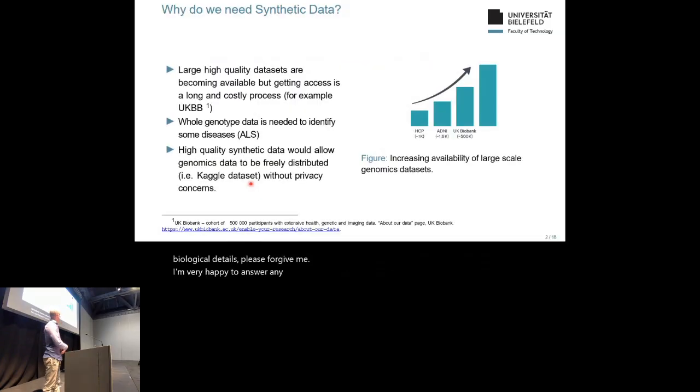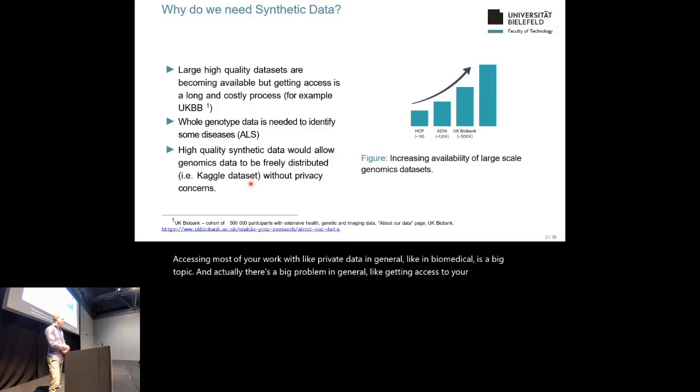Let's start maybe with the motivation. We wanted to generate some synthetic genotypes. Why do we even want to do this? I think most of you have worked with private data, like in bioinformatics, and this is a big topic. There's a big problem with getting access to your data. Typically this can take up to a year or even longer, and most people have had some of this pain of having to wait.